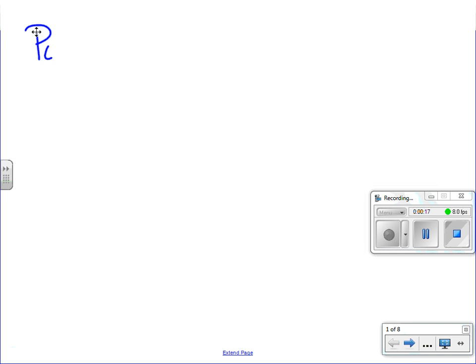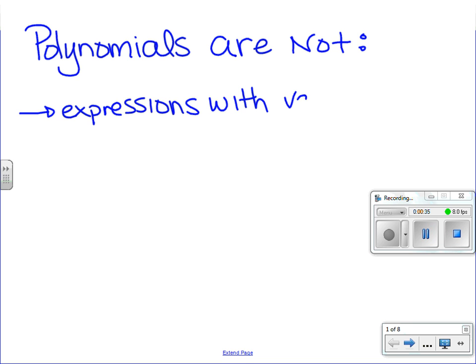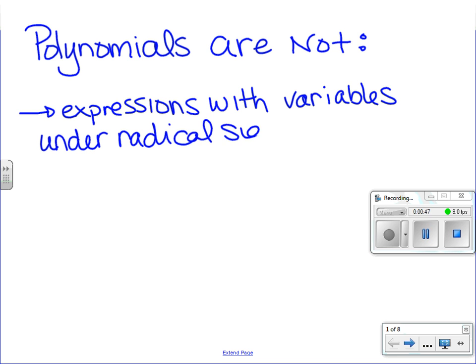So polynomials are not expressions with variables under radical signs at this point.